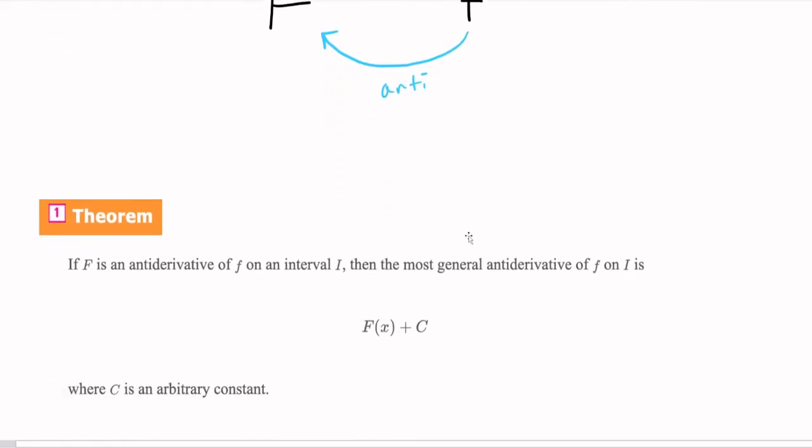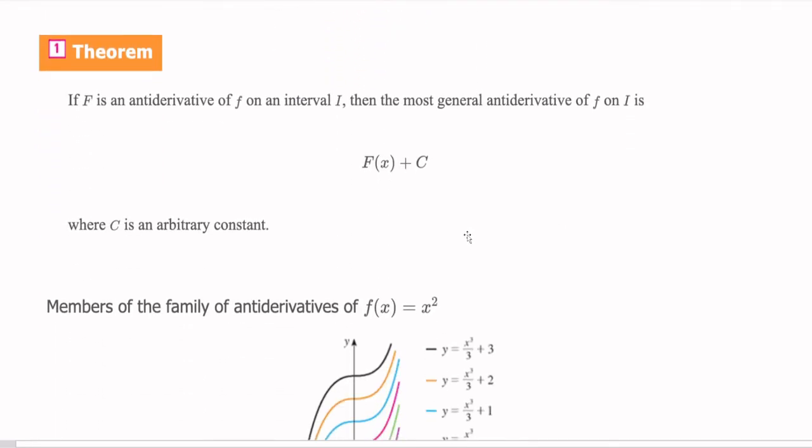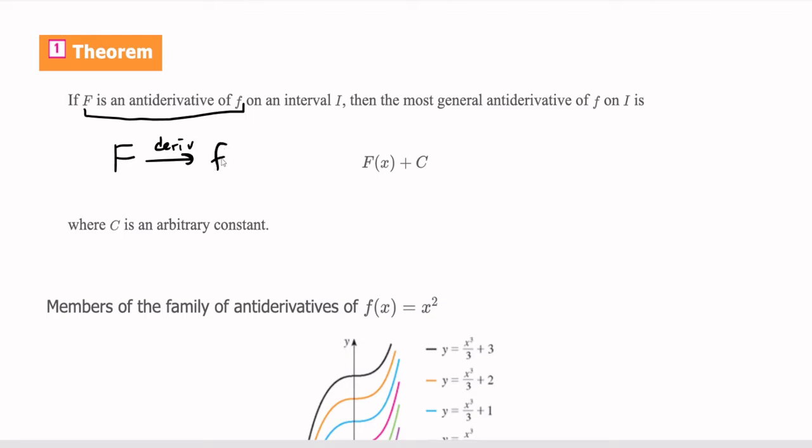Cool. Okay. All right, so here is the crazy thing. If big F is the antiderivative of little f, again, it's a lot to hold in your head. Just immediately when you see this line, just draw this: F derivative to little f. Okay, I see the connection. Then the most general antiderivative of little f is this function. So what are we saying here?